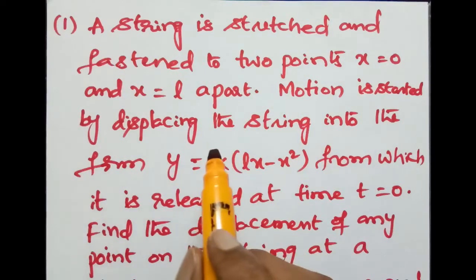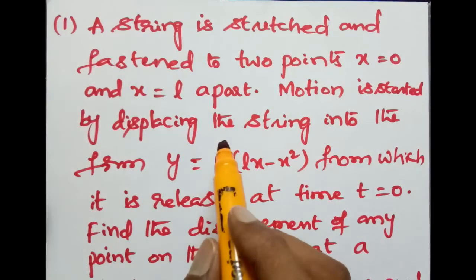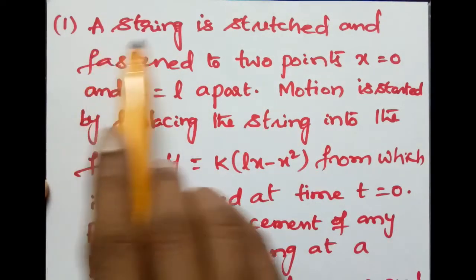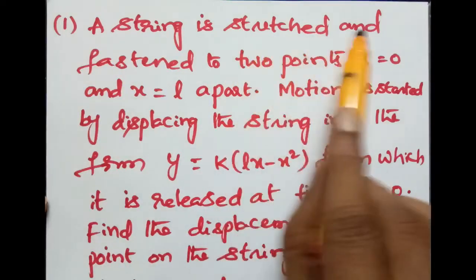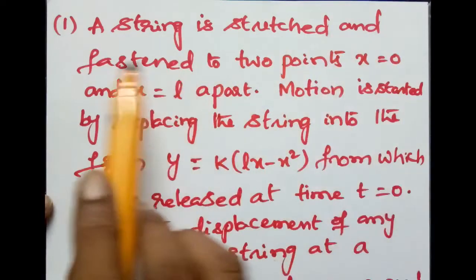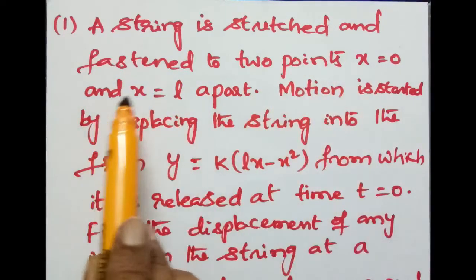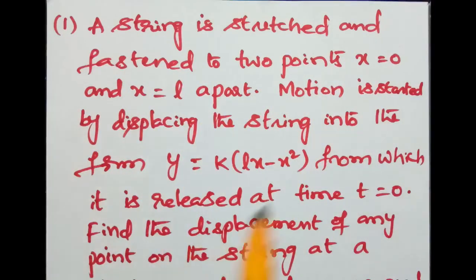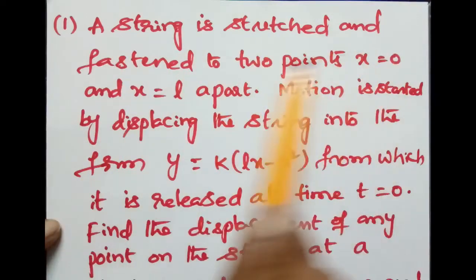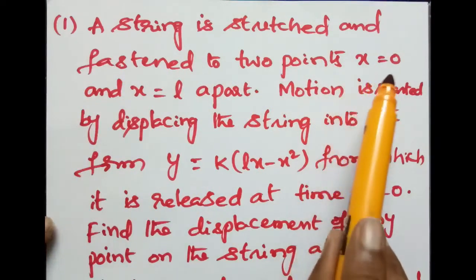String is a material twisted together to form a thin length. A string is stretched and fastened to two points x equal to 0 and x equal to L apart. A string is tied at two endpoints.